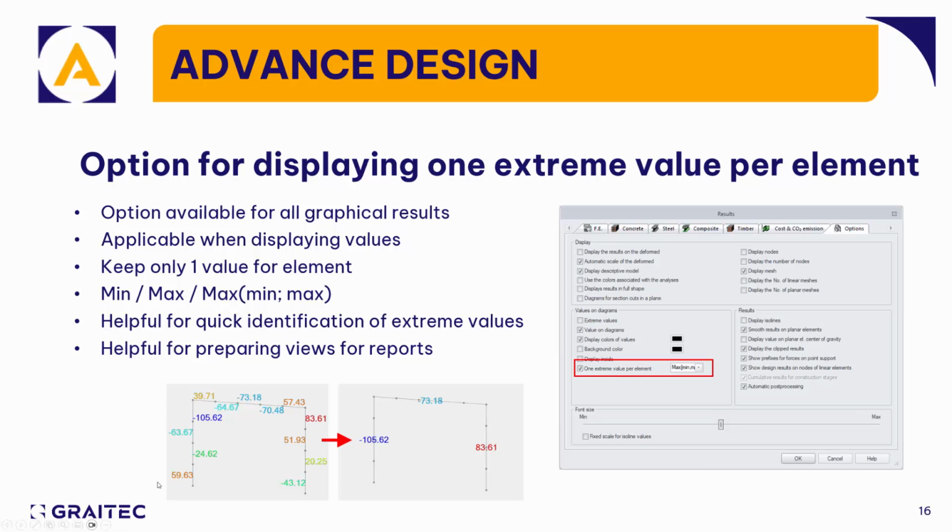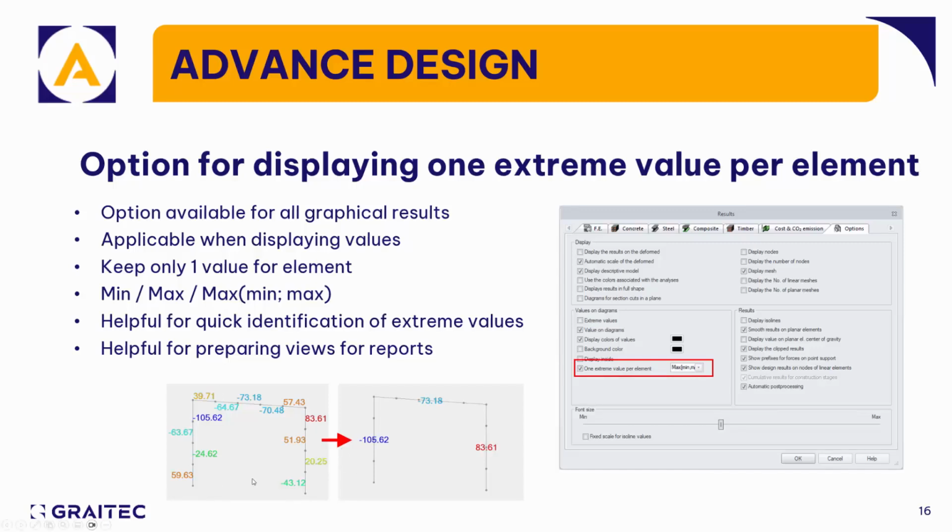The benefit is that instead of seeing so many values, you will just see the maximum which is happening in that element. If you really want to inspect just the maximum in that element, it's going to help you quickly identify the extreme values and also prepare the view for a report.